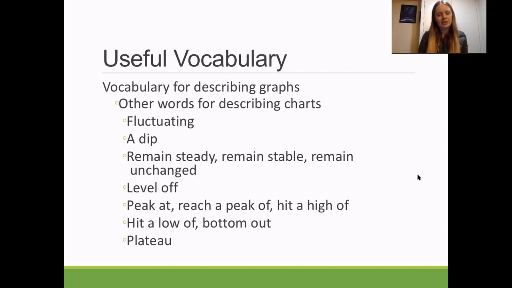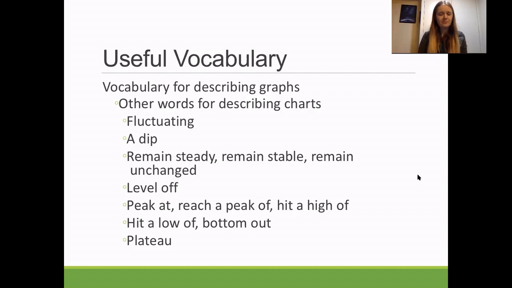Some other words you might want to use when you're describing charts would be fluctuating, a dip, so a small decrease, not plummeting, but still it could be a significant amount of a decrease. To remain steady, remain stable, remain unchanged. To level off, so it's going higher and then it's remaining a little flatter.